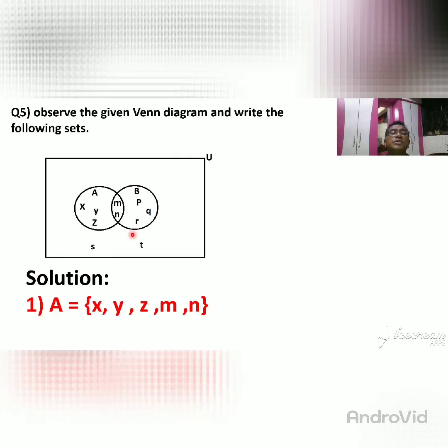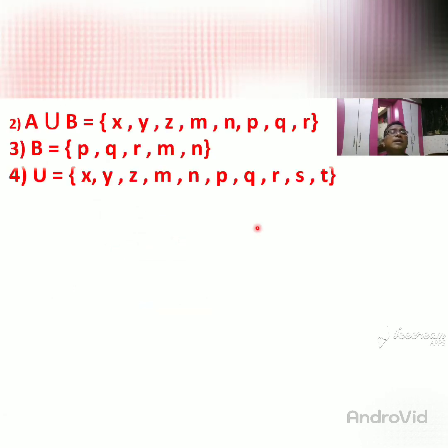See, what is not there can be S here. Then you want the universal set, so you can write here S and T. In such a way we write the universal set: X, Y, Z, M, N, P, Q, R, S, T. Do you understand this? Okay.